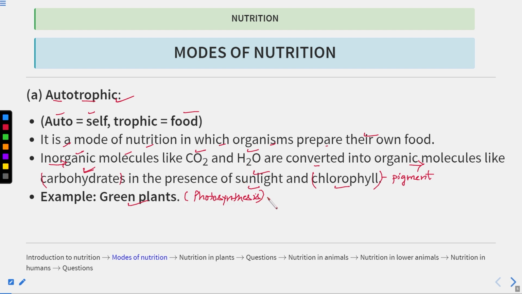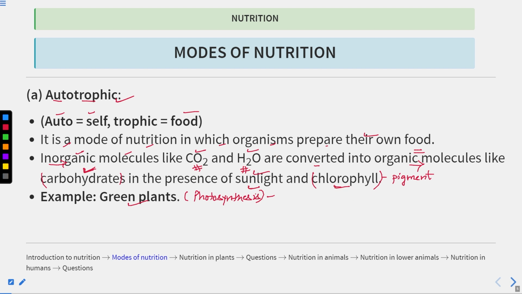And what happens in the process of photosynthesis? What are the substrates? Carbon dioxide and water are the substrates for photosynthesis. And what is produced? Organic molecules such as carbohydrates are produced, and along with it, oxygen is also evolved during the process of photosynthesis. And what else is required? Sunlight as well as chlorophyll.